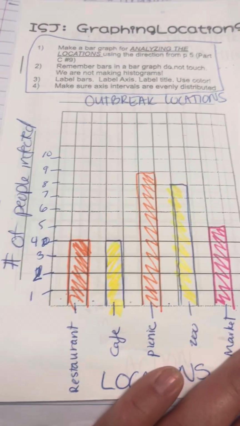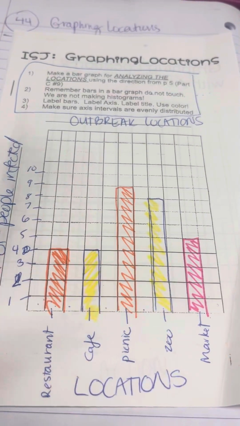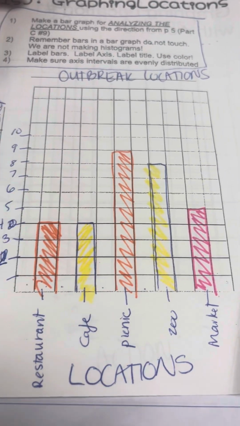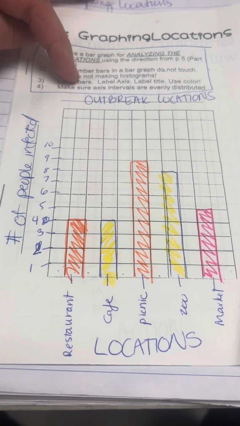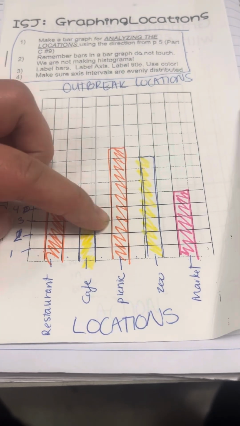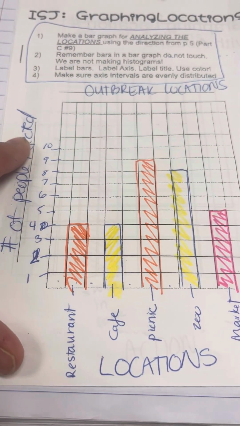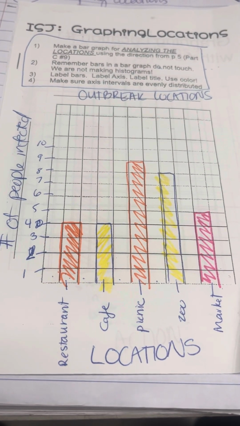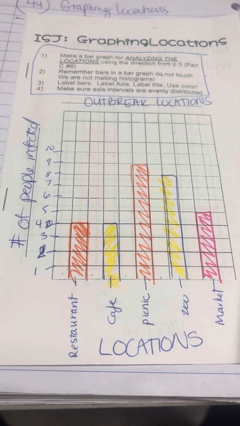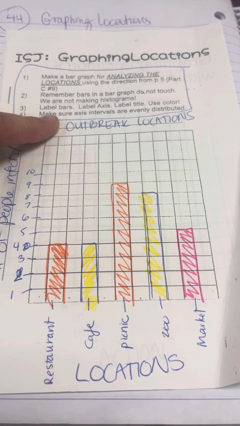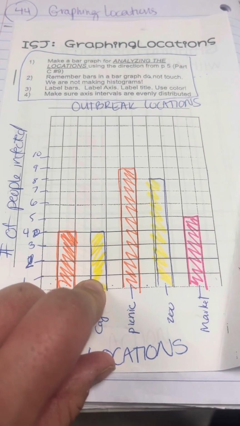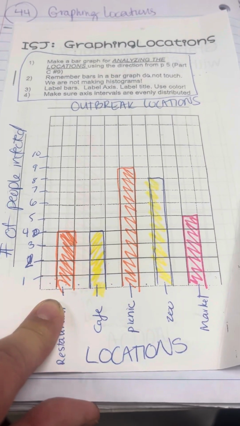I think first hour probably can't do this because you haven't gotten your information, but the first one asks for the outbreak location, the number of people infected, the 5 different spots, and then I wanted you to give me a quantity for those. Maybe whoever's subbing could stop on this and people could work on it or go back to it. Remember, it's not a histogram because it needs to be a bar graph, they're touching.